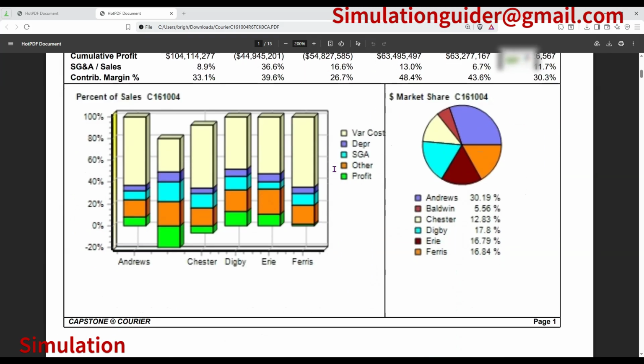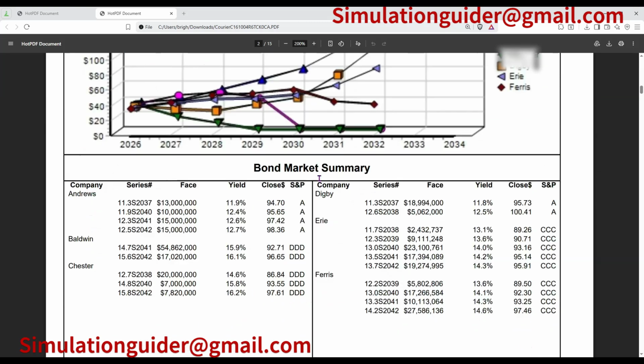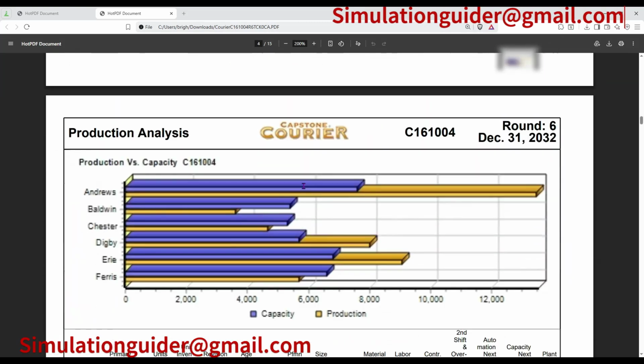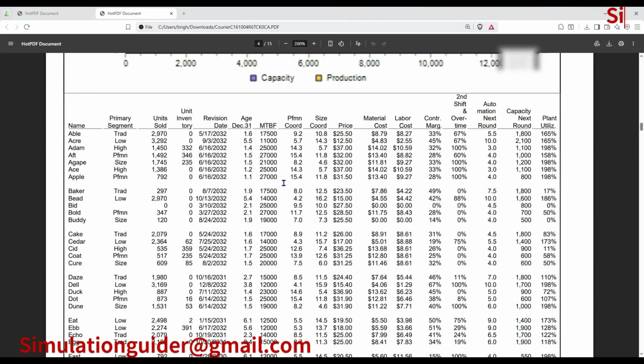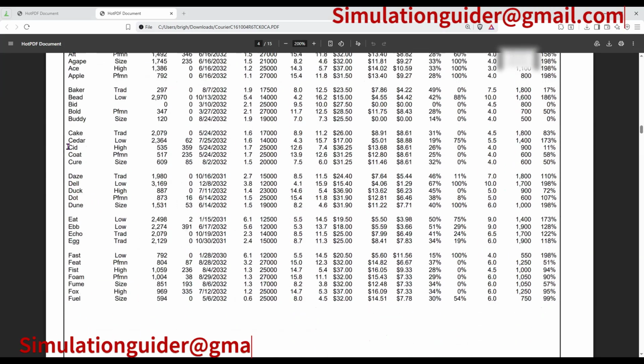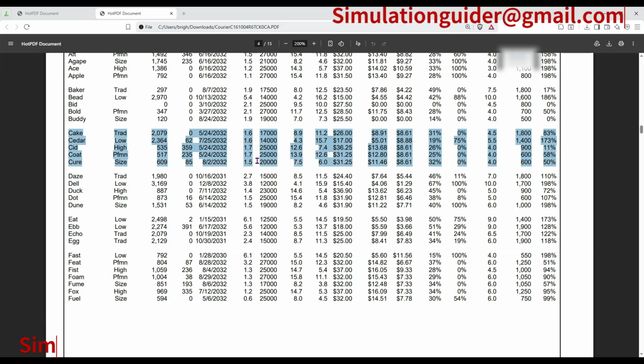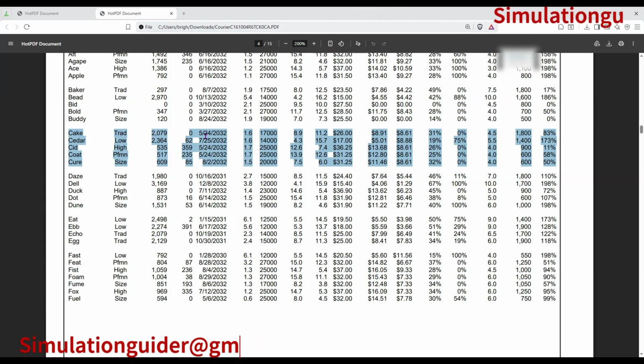The first thing we need to look at is the production analysis part, so that we can see where we are going and how many products sold in the last round. We are Team Chester, and here are our products. Cake, our traditional product, we sold 2079 and we stocked out.